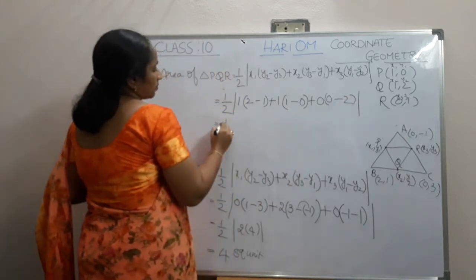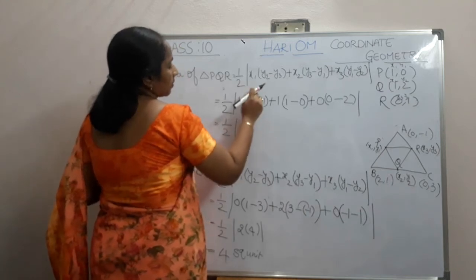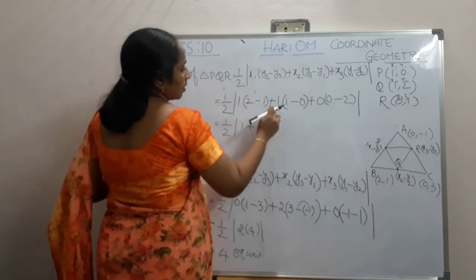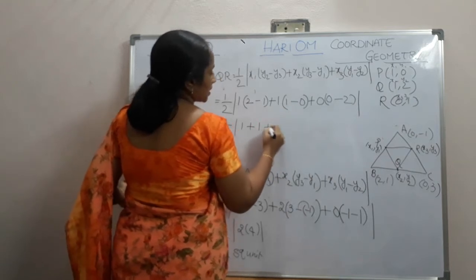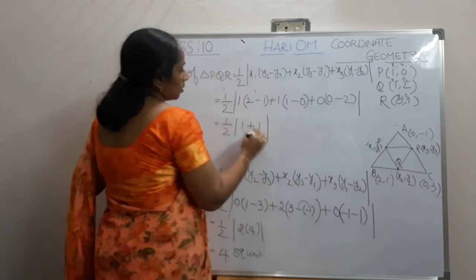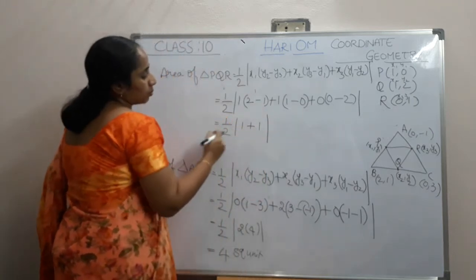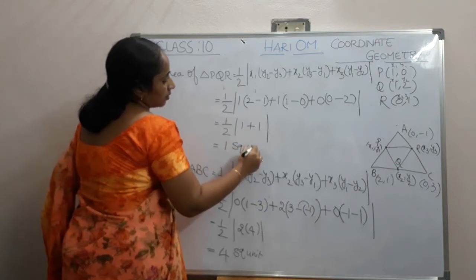It is 1 by 2 into 1 plus 1, 2 by 2. It is 1 square unit.